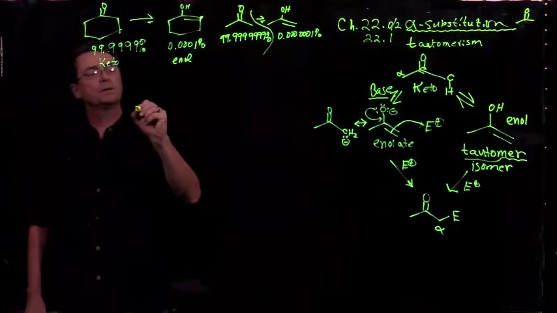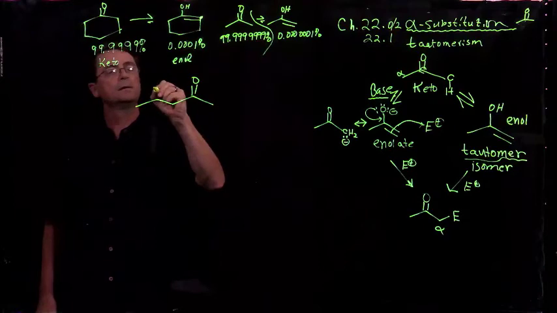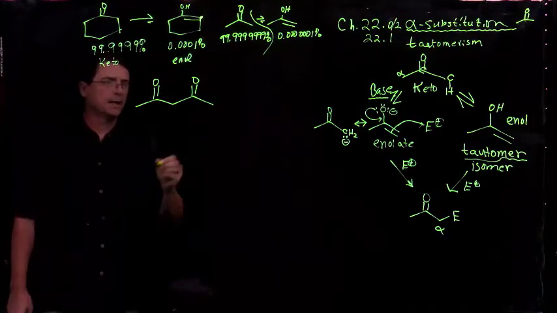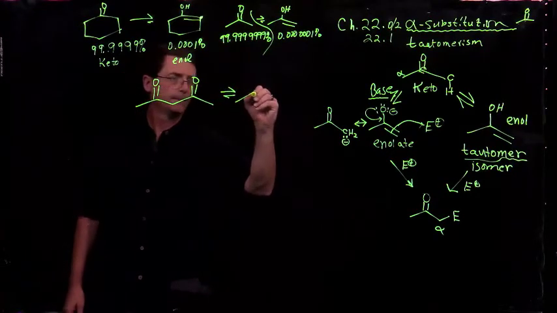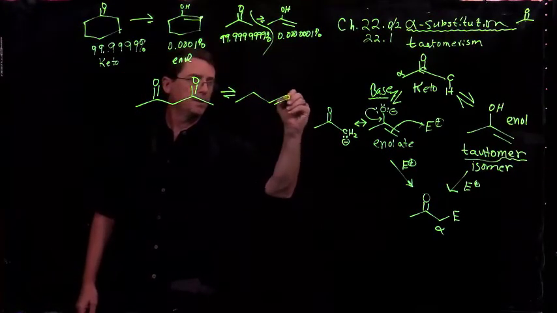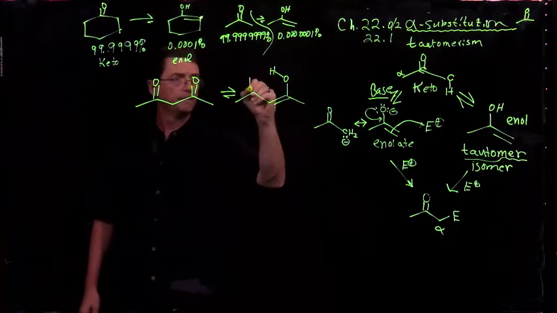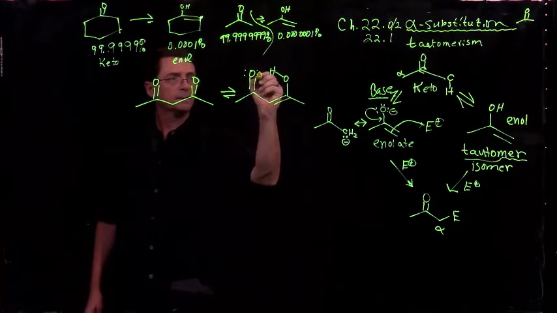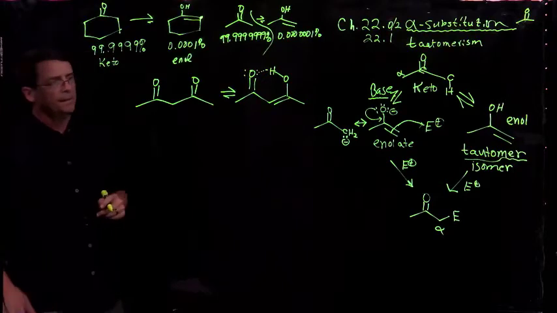So let's take a look at one other substrate or ketone here. This is 2,4-pentanedione if we consider its equilibrium. And I'm going to put in some added features here with this enol. There's actually an intramolecular hydrogen bond here.